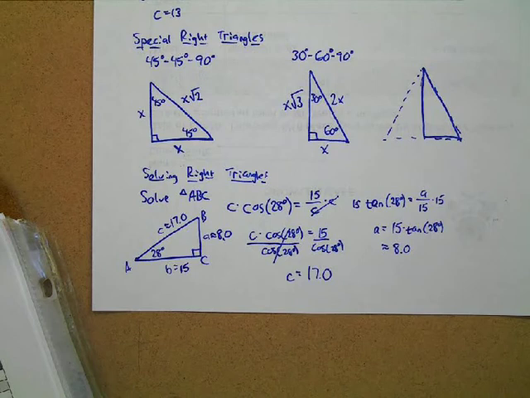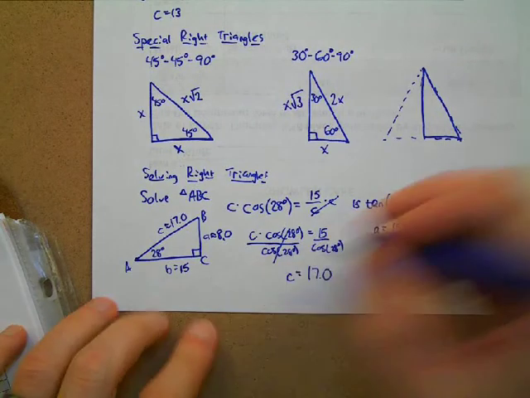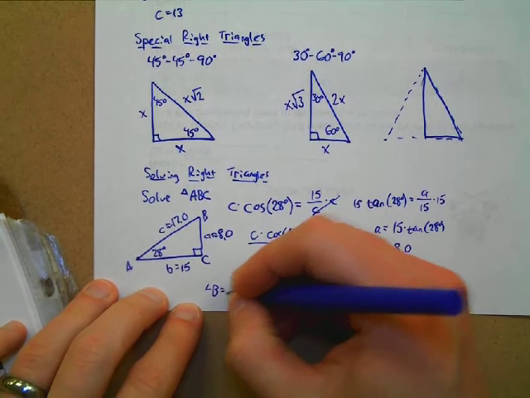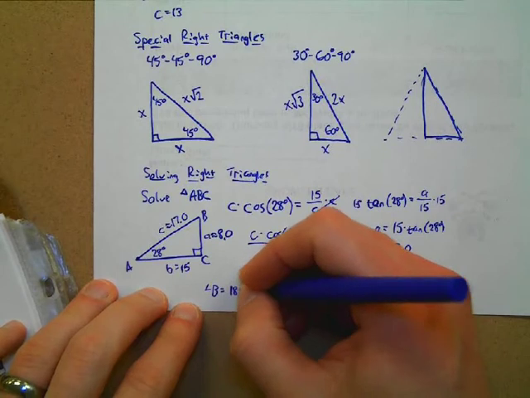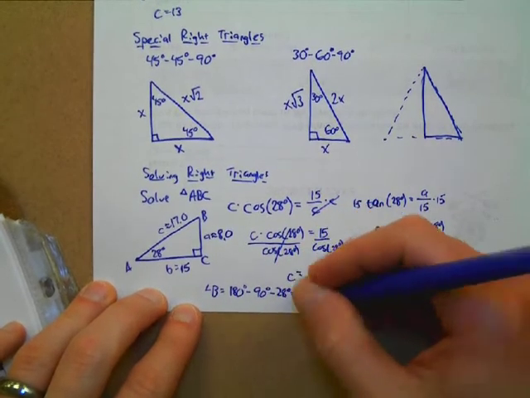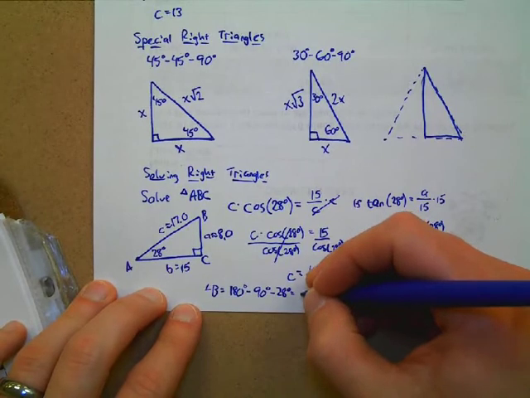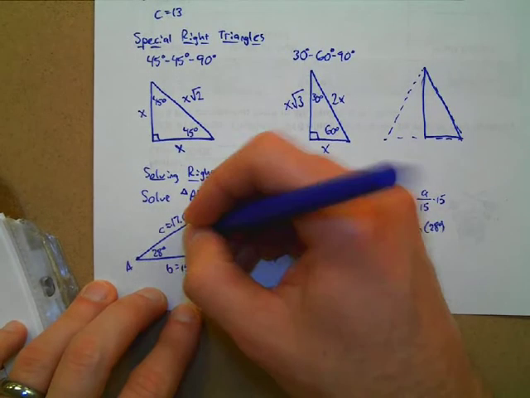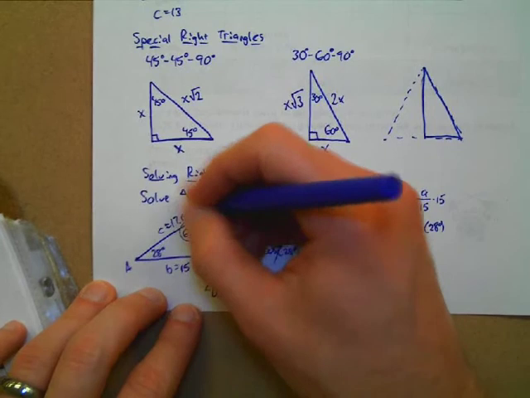So these are going to be complementary, right? A and B are complementary. So angle B equals 180 degrees minus 90 degrees minus the 28 degrees, which is equal to 62. Okay, so there's all of our pieces.